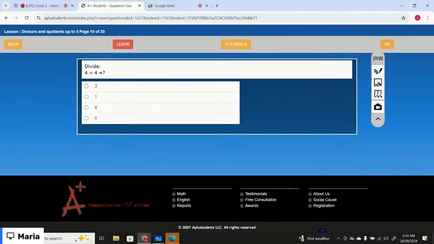4 divided by 4, which is the correct option? A number divided by itself is always 1.